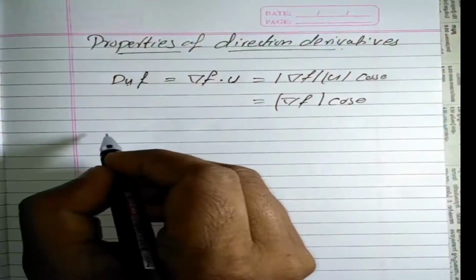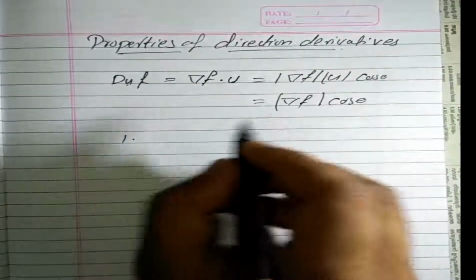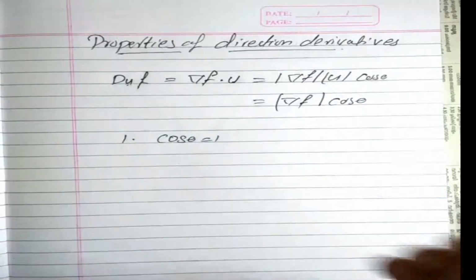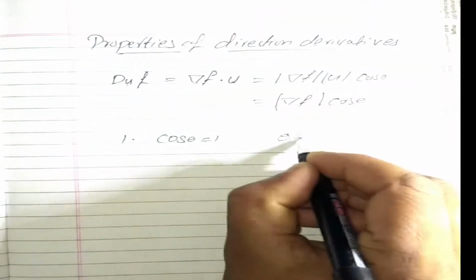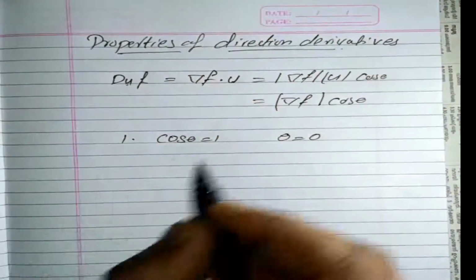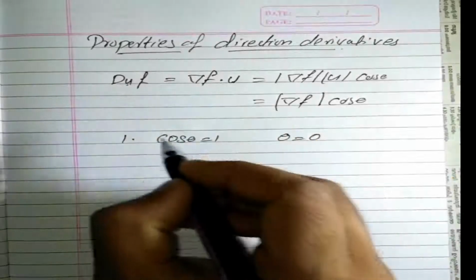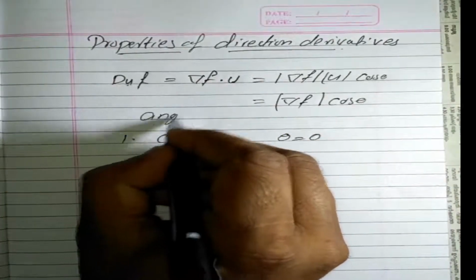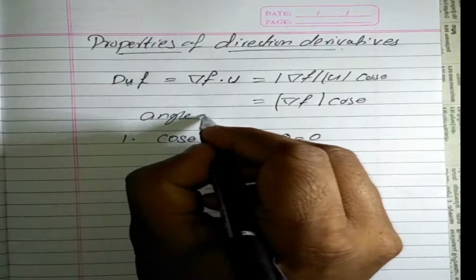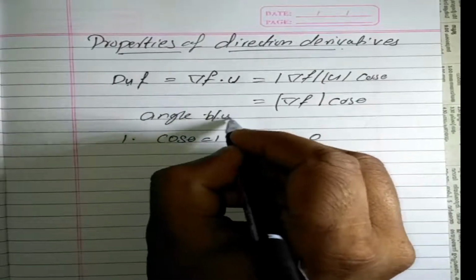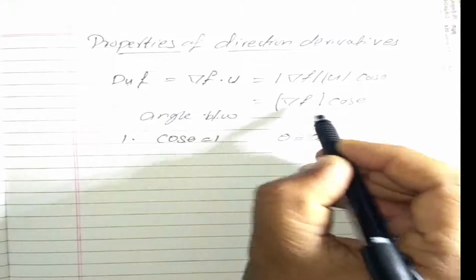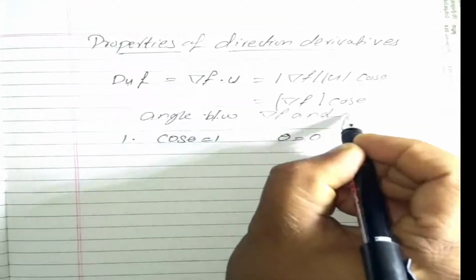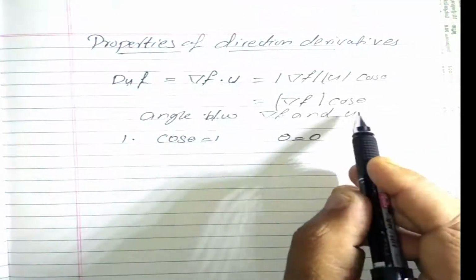First property: the value of cos theta is equal to 1, then the theta value is equal to 0. How do we measure the angle? The angle between gradient f and u is the theta value.